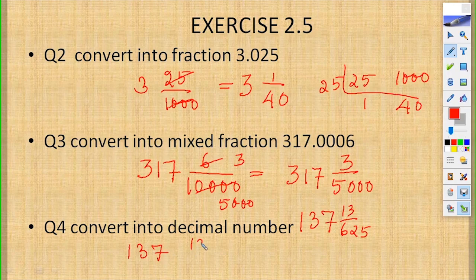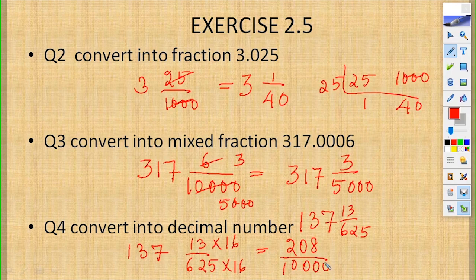Now 13 by 625. I have to multiply by some number so that I get the denominator in powers of 10. So I will multiply both by 16. The numerator will become 208 by 10,000.